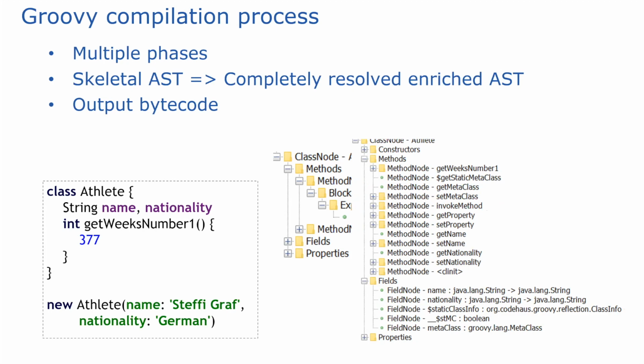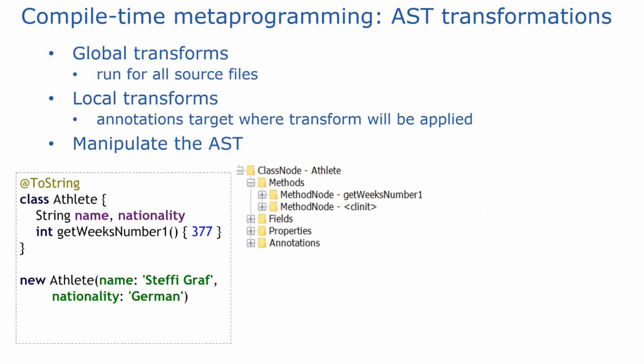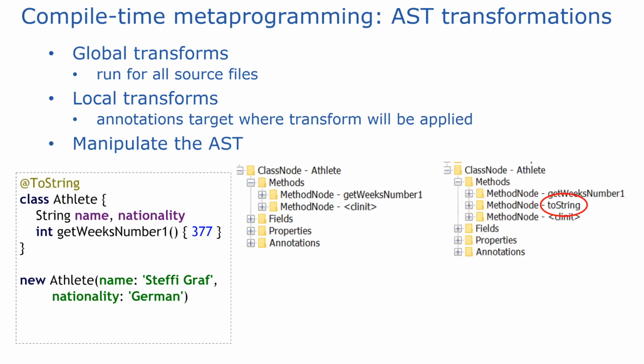What the AST transform process does is it lets you participate in the compilation steps. If you put @ToString on the Athlete class here, that triggers the execution of a ToString AST transformation, which will add a toString method into your class. So the abstract syntax tree, the representation of your program, gets augmented.